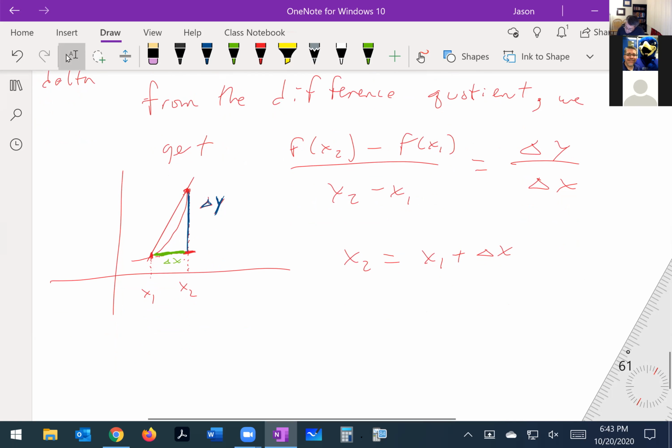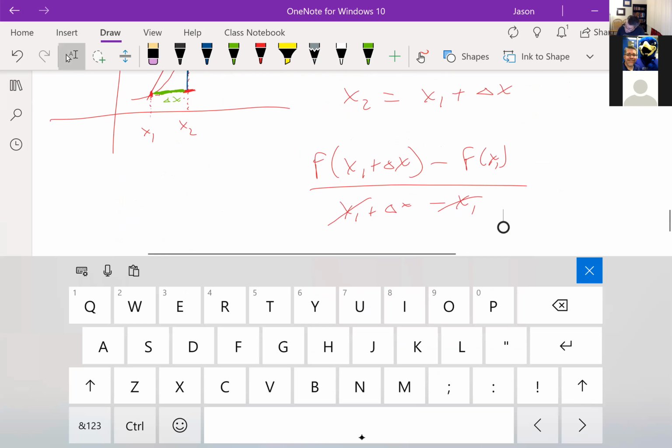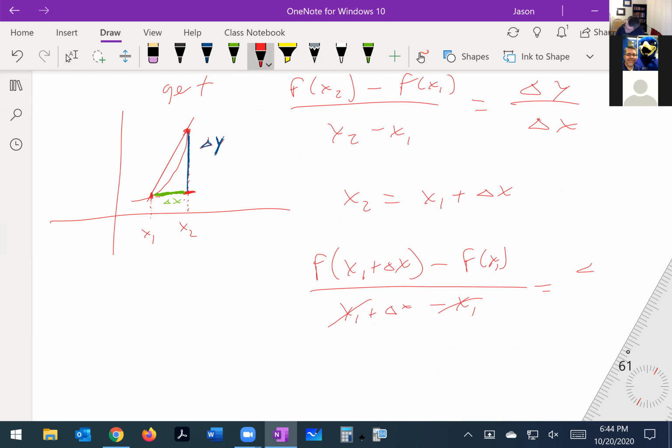So I can rewrite this, there's a method to the madness here, as f of x1 plus delta x minus f of x1 all over x2, which is x1 plus delta x minus x1, and the x1's cancel. And so this is equal to delta y over delta x. That makes sense that delta x is on the bottom, but now we can relate what delta y is.